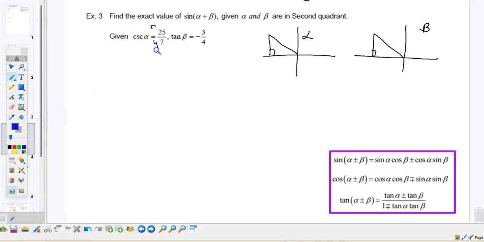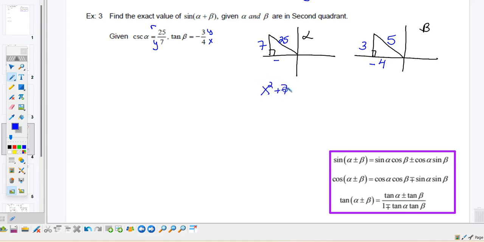So this is r over y. This x segment will be negative because we're to the left of the origin. Tangent is y over x. The 4 is the negative. Here's another 3, 4, 5. You could calculate it out. I'm going to focus on the alpha one.